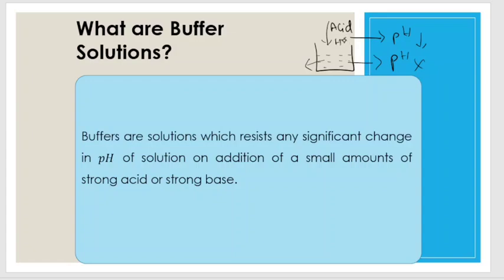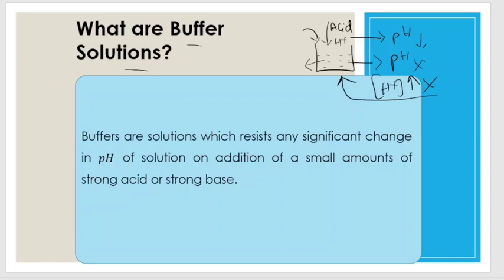Even after adding a small amount of acid, why are H+ ions not increasing in case of some special mixtures of solutions? Let us suppose that there is no change in the pH. Then these types of solutions are called buffer solutions.